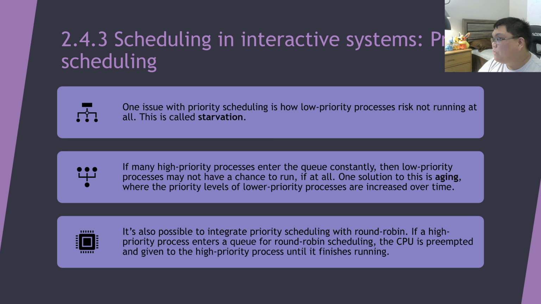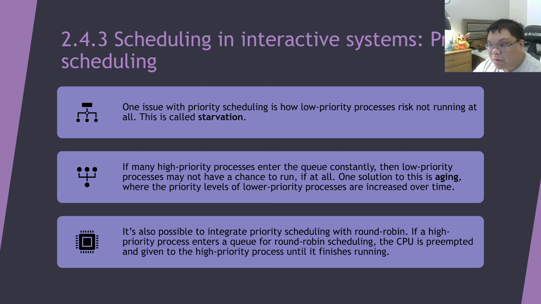This is what happens when these low priority processes are just waiting in line and watching all the high priority processes come in one after another. So all these low priority processes are basically just waiting their turn, possibly forever. So that's what is called starvation, when a process is waiting for a resource forever.